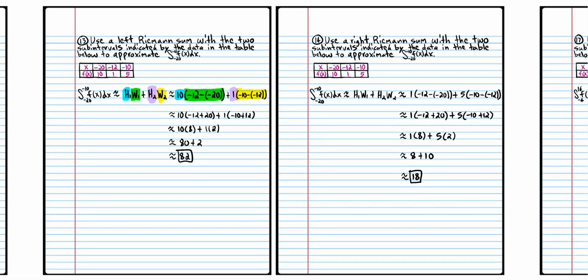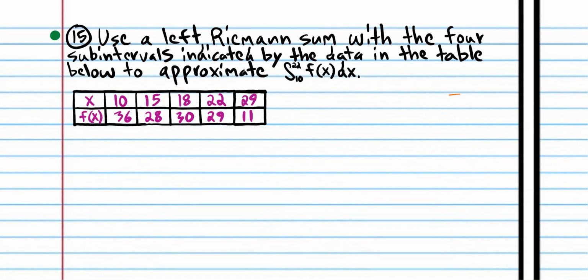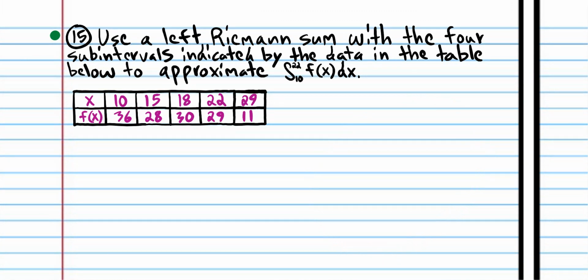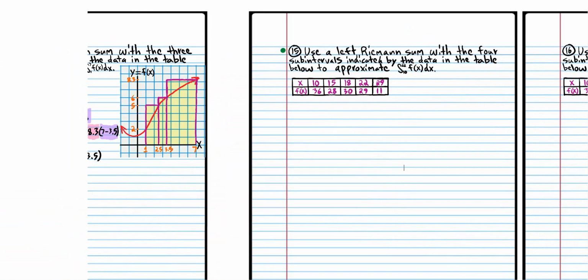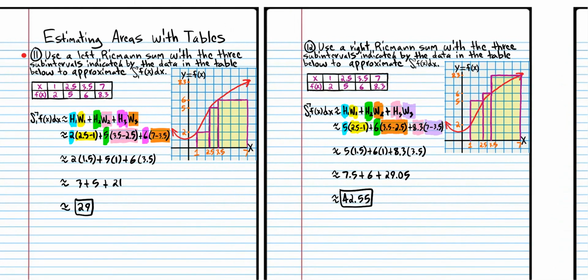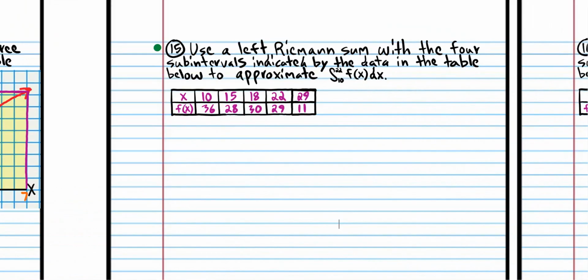And now we're going to try number 15. So notice for number 15, you're not given a graph or a picture of the rectangles that you're going to be using. So this problem will help you with the concepts. But again, you're not given the graph, so you need to understand what you're doing.